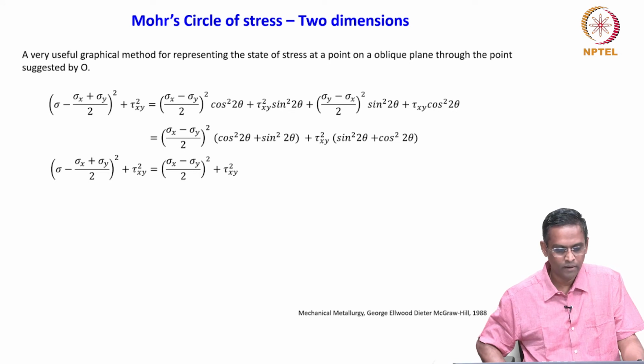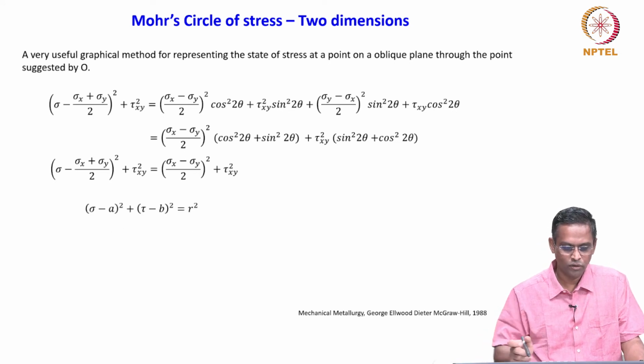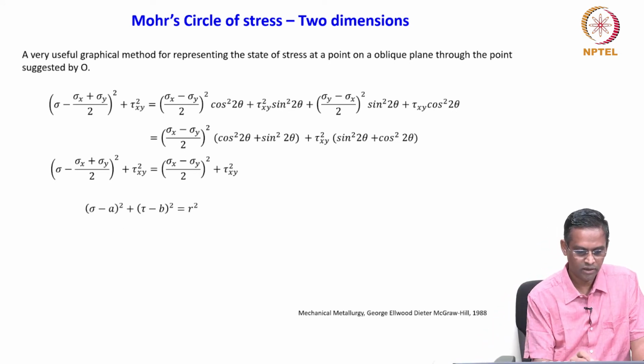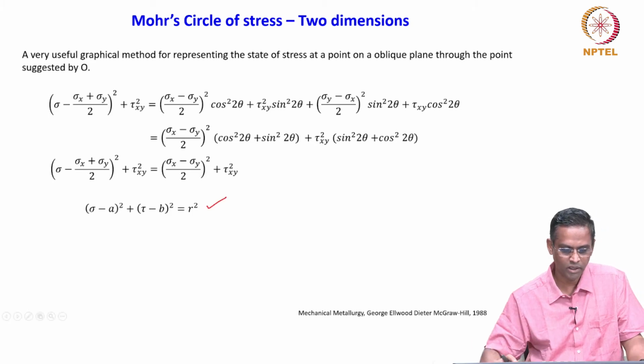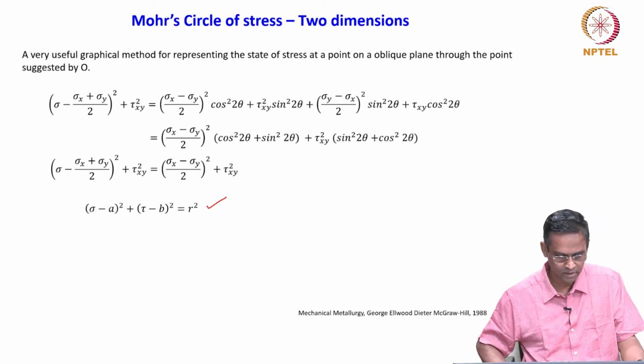Okay. So, this equation is in the form of (sigma minus a) to the power 2 plus (tau minus b) square is equal to r square. So, this is a very familiar equation of a circle.